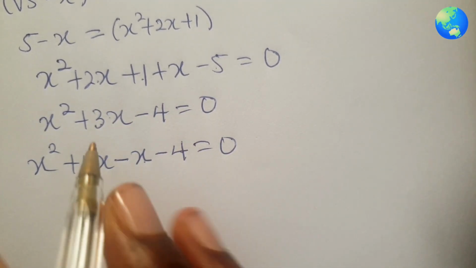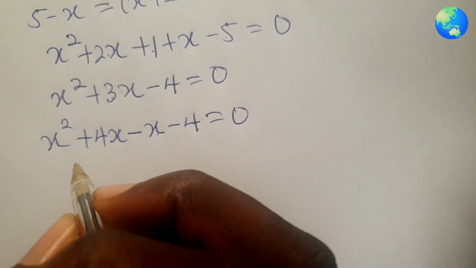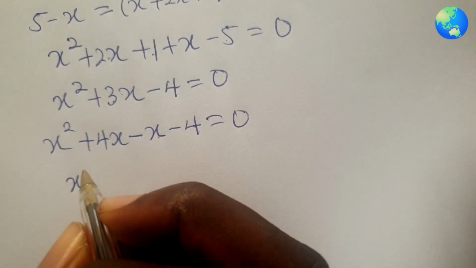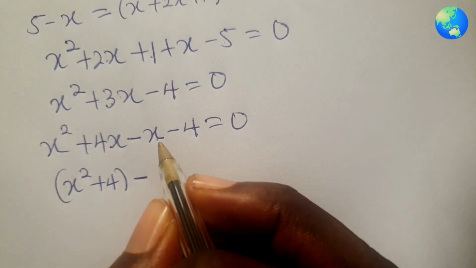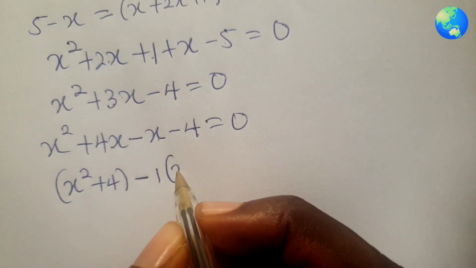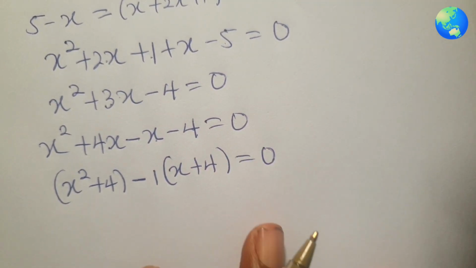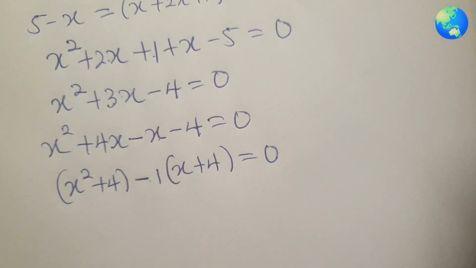So I think this is the factorized form. Let me group it into two: x squared plus 4x, minus, I can just factor out 1, x plus 4, equals 0. The reason is because if I expand this, I will have this particular portion back.